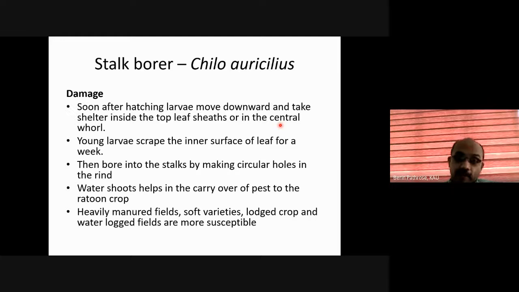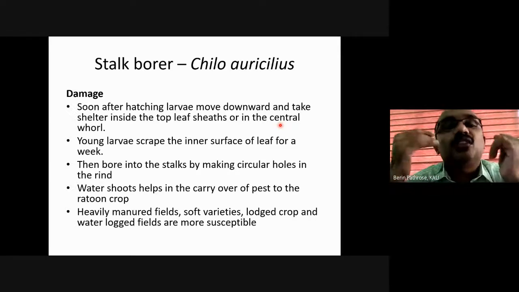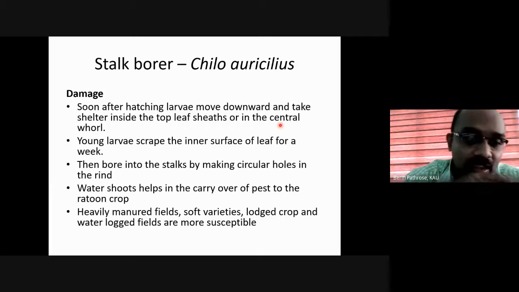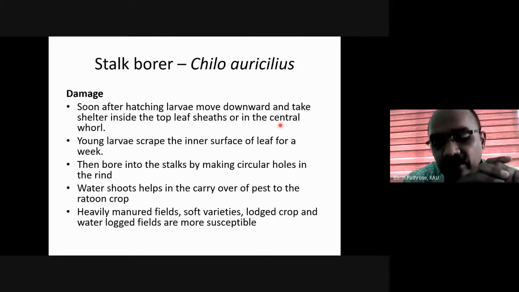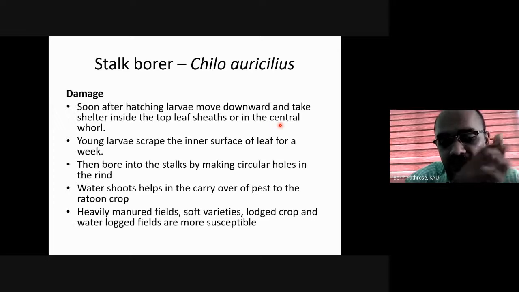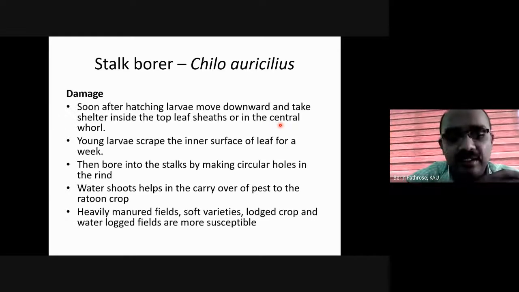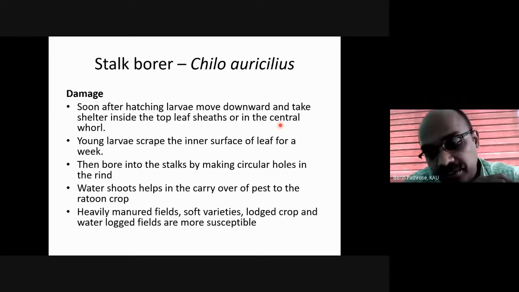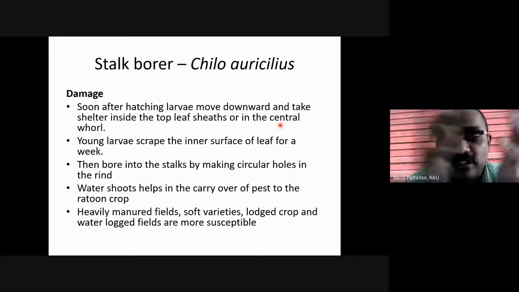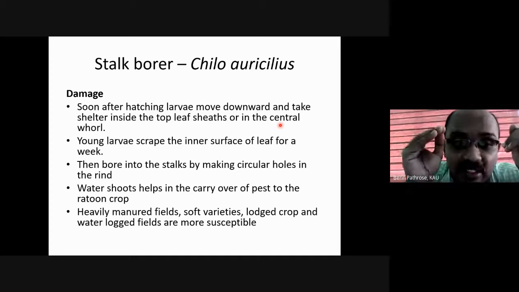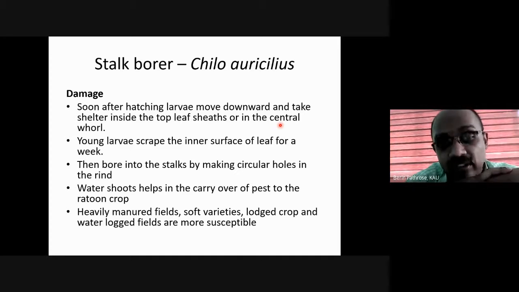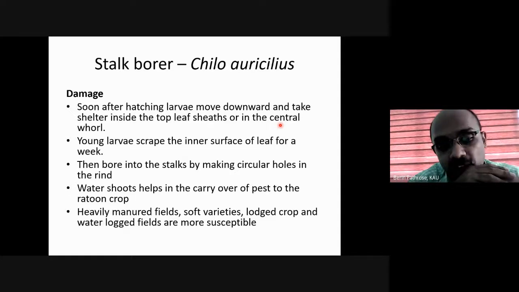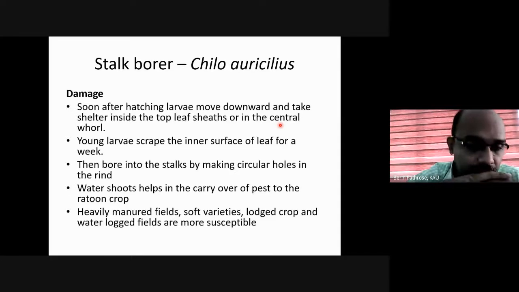The young larvae, while moving down, feed on the upper tissues of the leaf, and once they grow slightly into the second instar, they bore into the cane stalk by making a circular hole. So the early instar larvae scrape the leaf surface, and later the larvae bore into the cane by making circular holes.